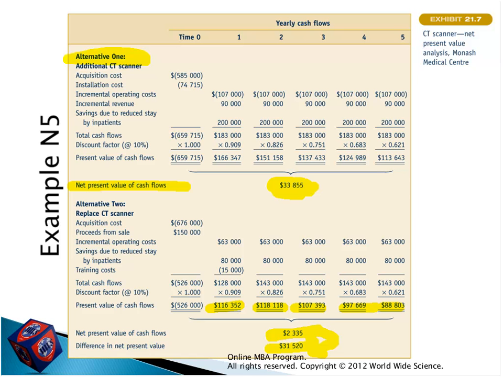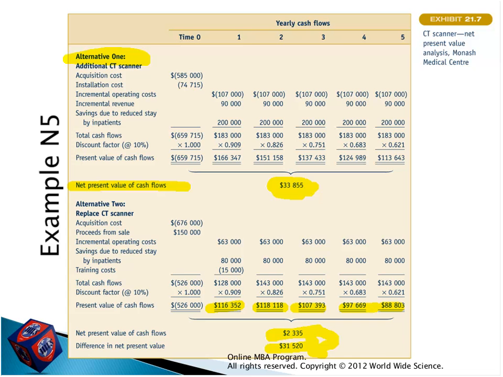So we can make a decision that firstly, the two projects are acceptable, but if we have to choose one, we prefer alternative number 1, to buy an additional CT scanner, because it has a higher net present value, which means the project has higher profits at the discounted rate. So this is how we draw a conclusion based on our financial analysis.